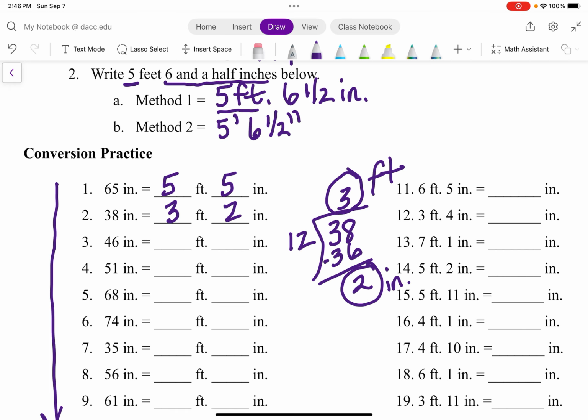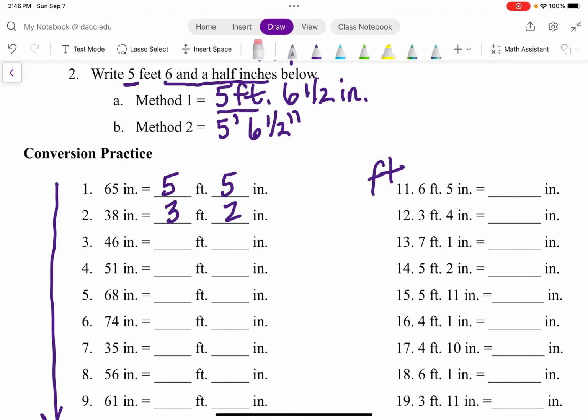One thing you don't want to do when you are converting total inches into feet and inches is use a calculator. Because if you were to get your calculator out, let's do 66 inches as an example. We're trying to find out what 66 inches is equal to in feet and inches.